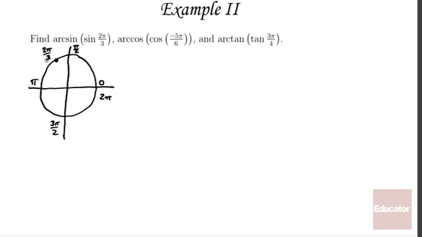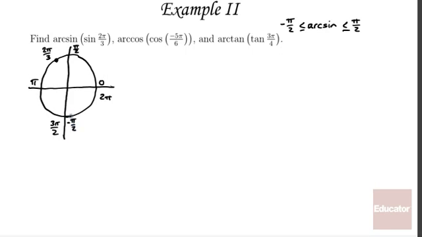And remember, arcsine is always between negative pi over 2 and pi over 2. So there's negative pi over 2 down here.